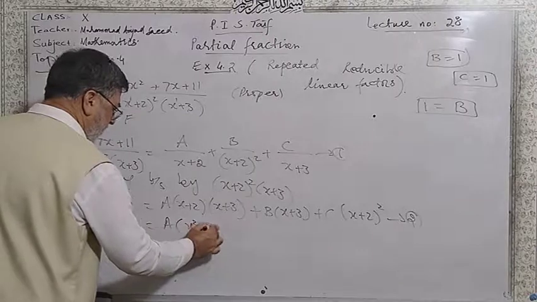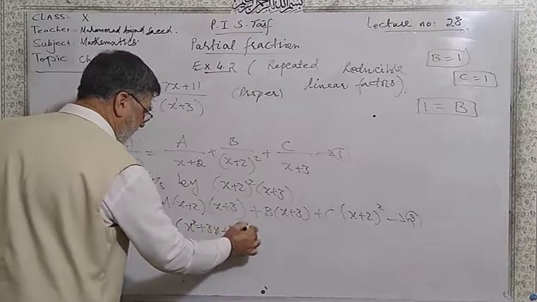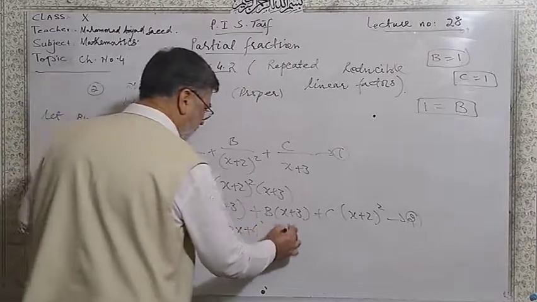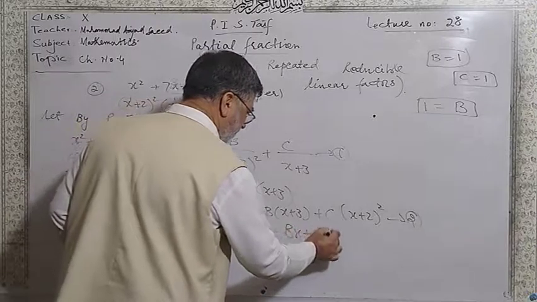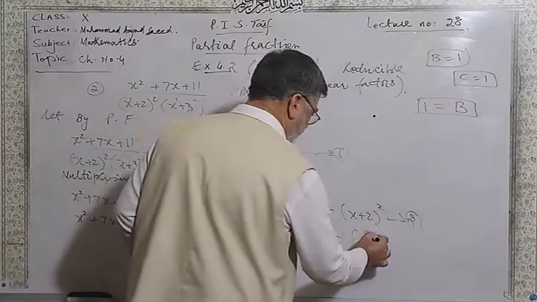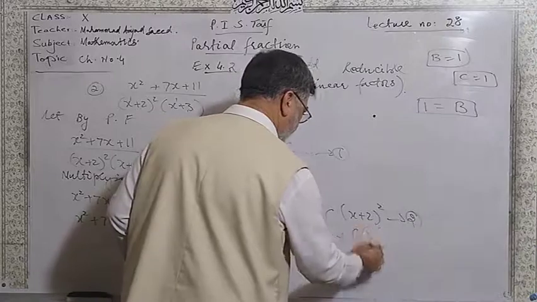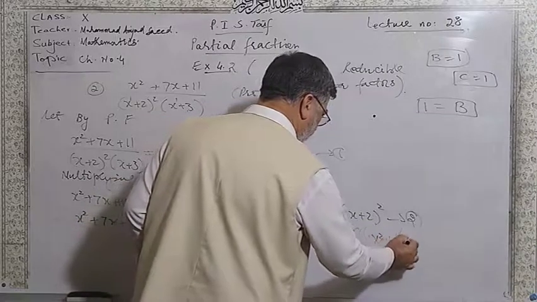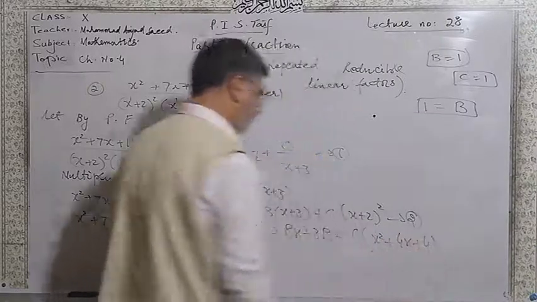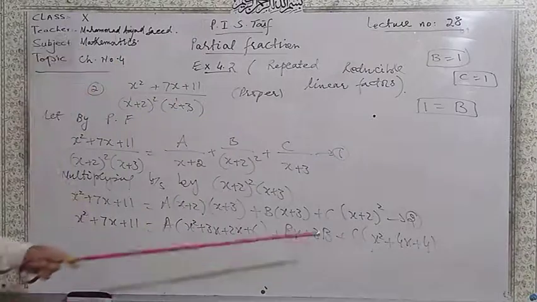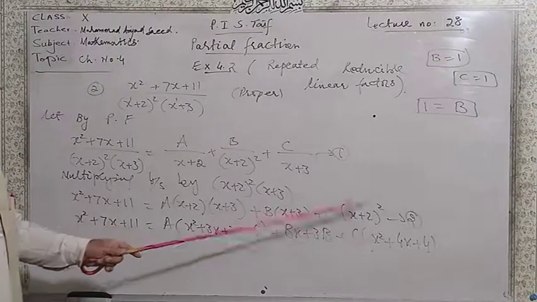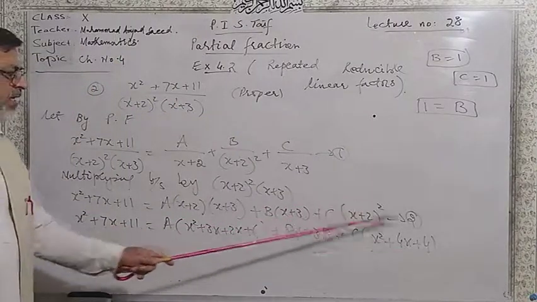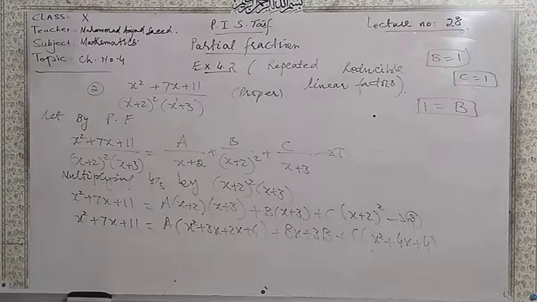A into x square plus 3x plus 2x plus 6 plus bx plus 3b plus c into x square plus 4x plus 4. Remember that we opened this formula: first square plus 2 into first into second plus second square.